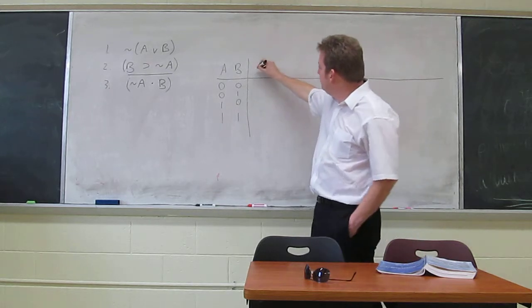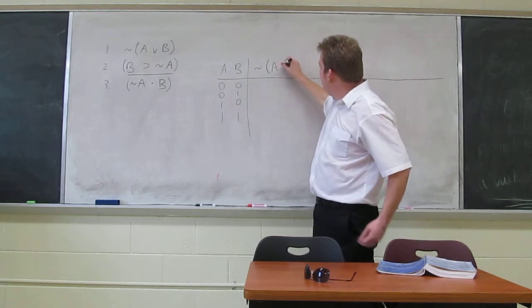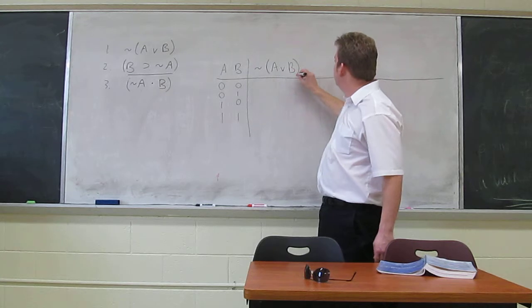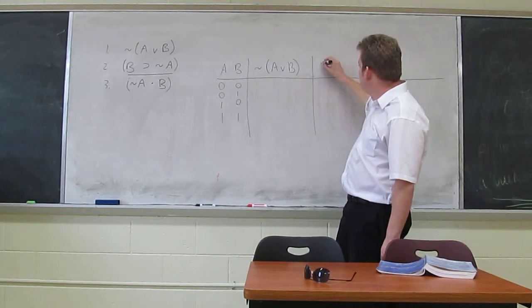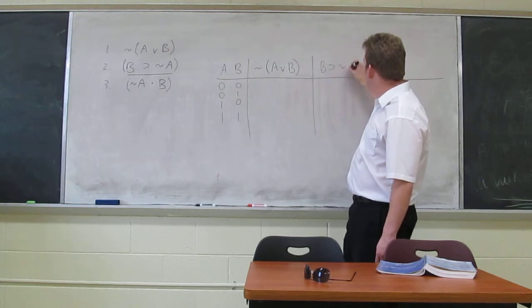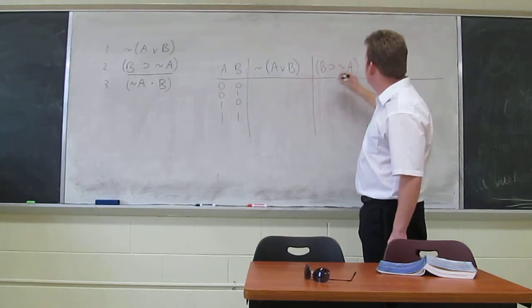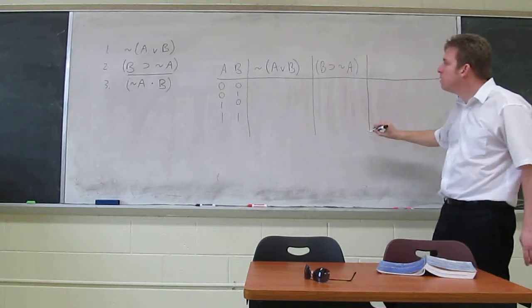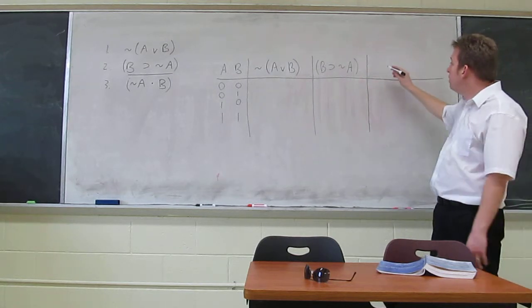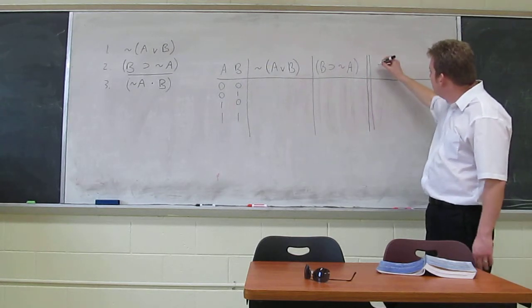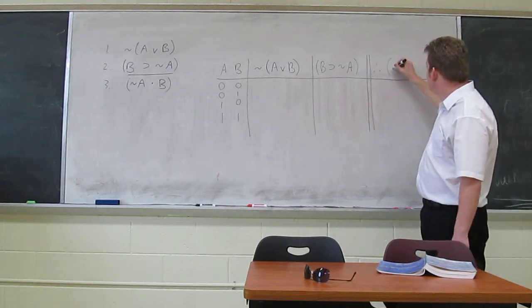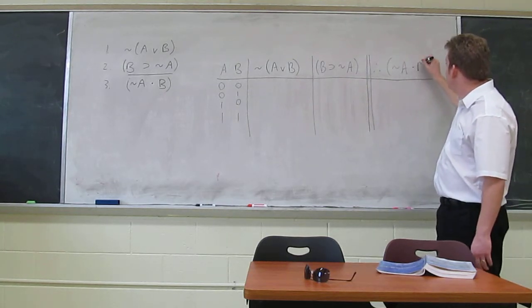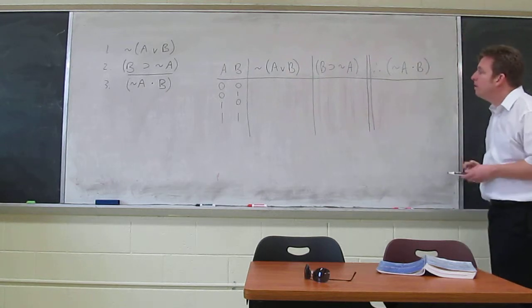So the first premise is tilde A, wedge B. Second premise is B, horseshoe, tilde A. Third, the conclusion, final sentence is tilde A dot B.